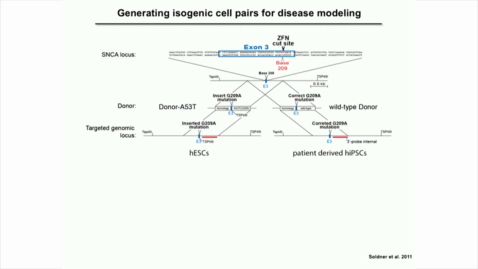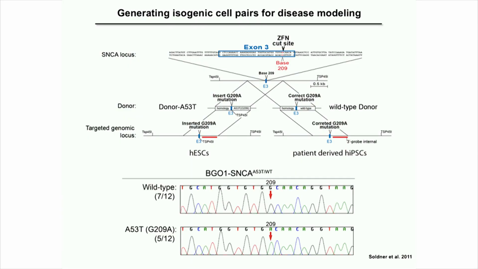This is the alpha-synuclein locus, and this is the position where this genetic variation occurs. And in this particular experiment, he used either double-stranded homology donors or single-stranded nucleotides to either insert this mutation into human ES cells or to correct this mutation in human-derived iPS cells.